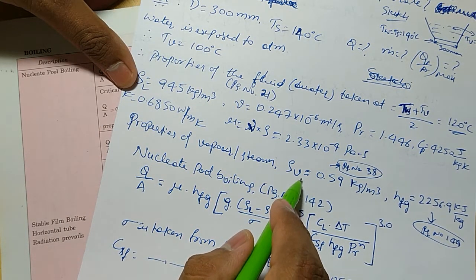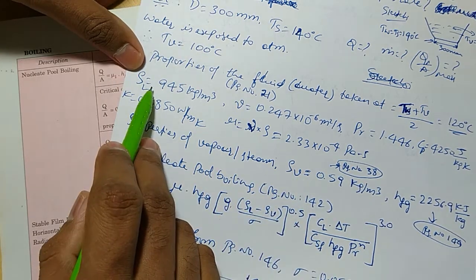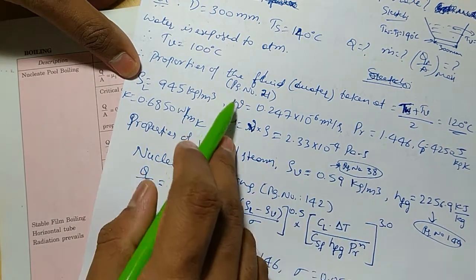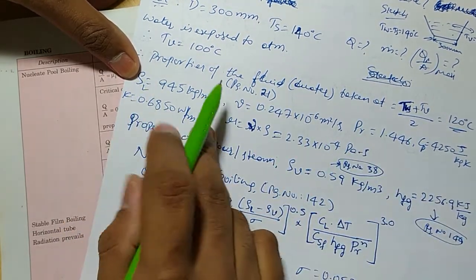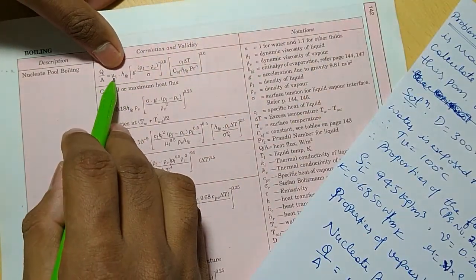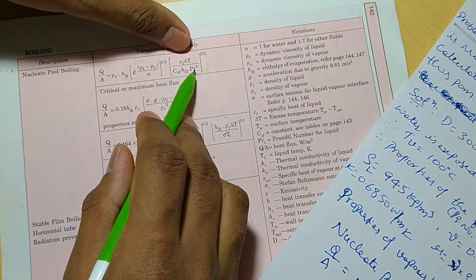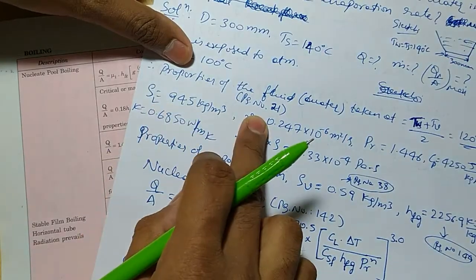In the contents, for the liquid properties of water I have taken this rho L, and this is the vapor, page number 38 and page number 21. These are the things taken, and the remaining all the data: this is the mu L, rho L, CL, Prandtl number. Those are all the properties you take at the liquid condition.